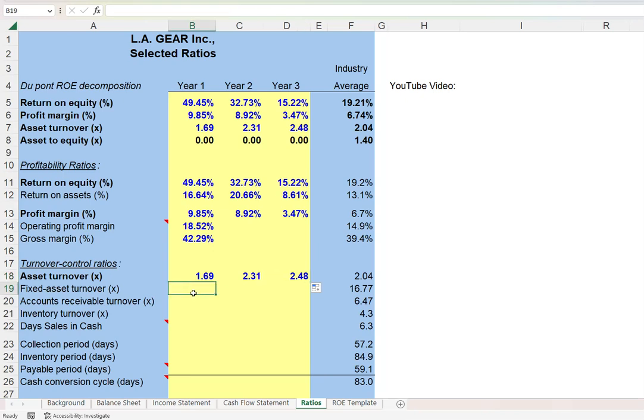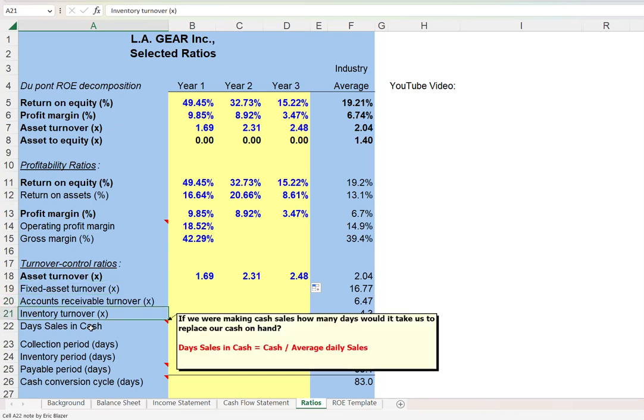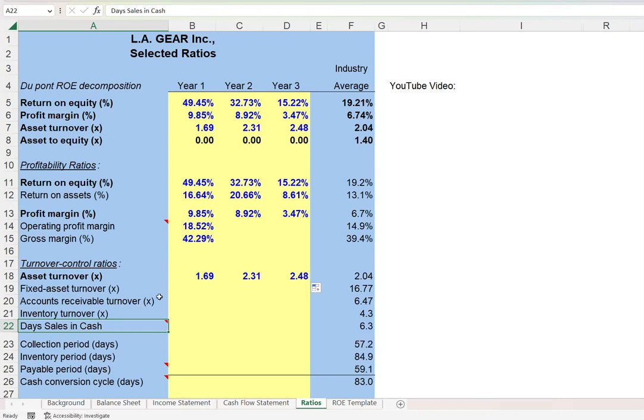The next question will be, well, why? What in particular? Was it due to improved fixed asset turnover, receivable turnover, inventory turnover, cash turnover, or it could be all of those? Let's go ahead and calculate our fixed asset turnover. So again, turnover is just sales divided by something.